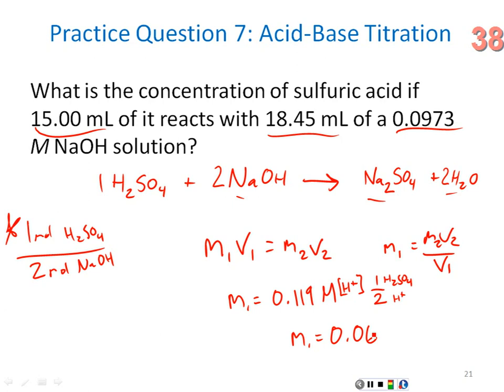So the final answer would be 0.06 moles of H2SO4. Now this question could also be a little trickier, and it could ask you for what is the hydronium ion concentration or the H plus ion concentration. And that would be this answer. But the question's asking for the concentration of sulfuric acid, so you have to use the mole ratio.